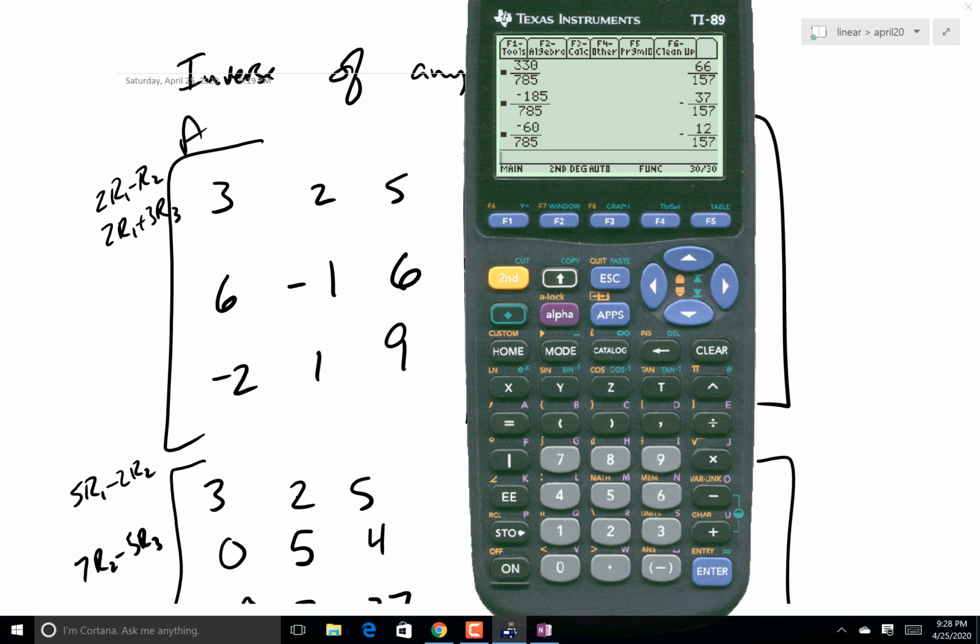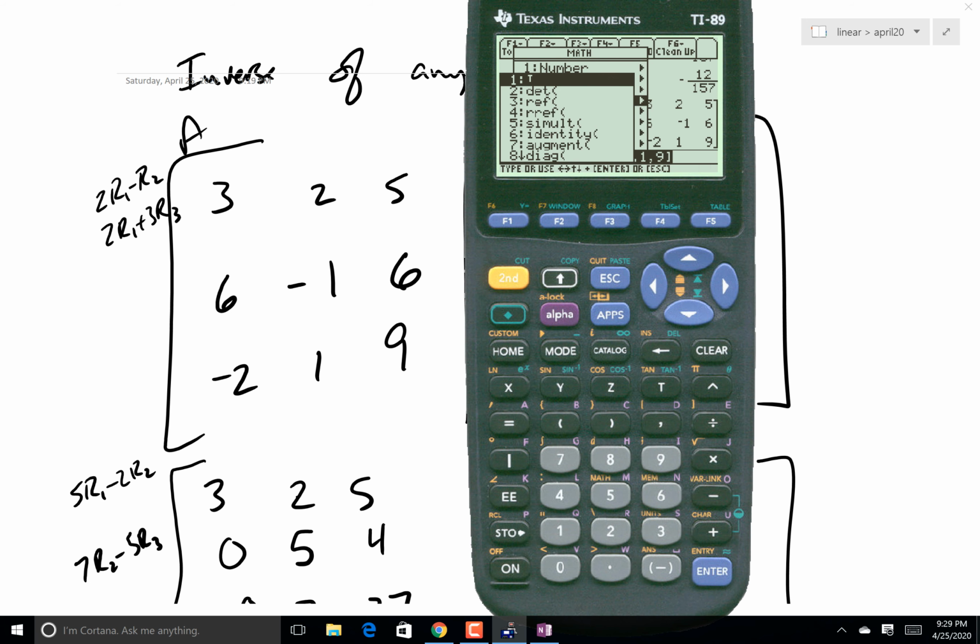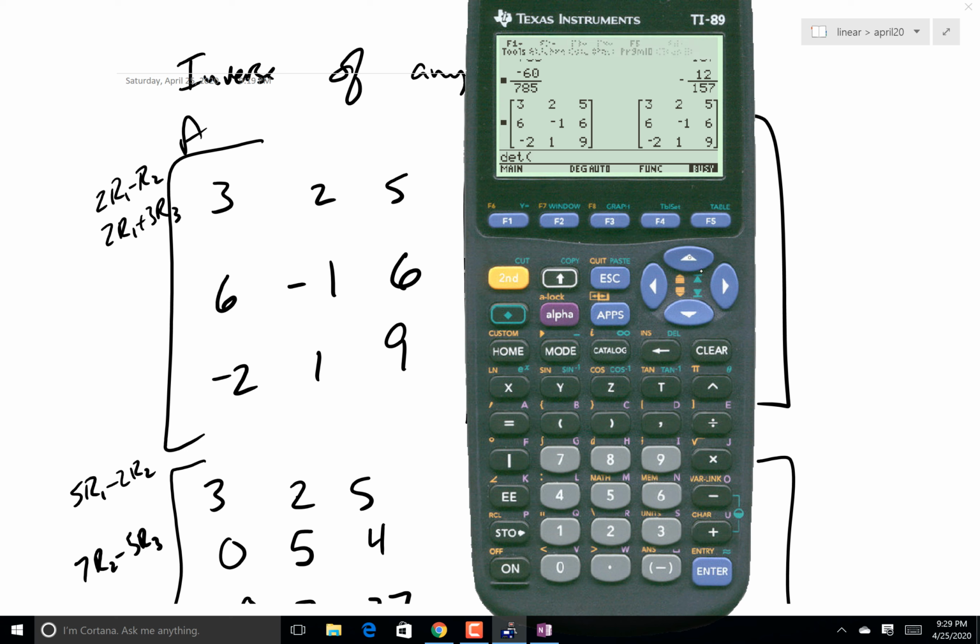So first thing I'm going to do is input my original matrix into here. Cool. And then I'm going to find the determinant first.